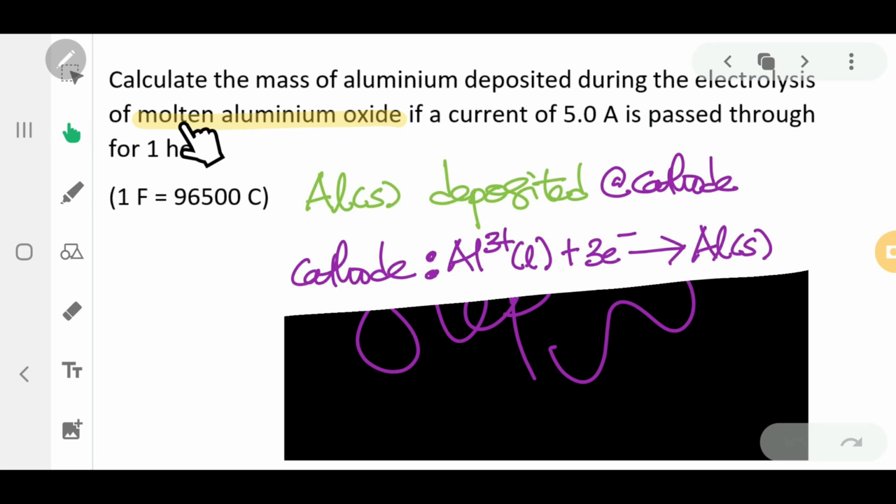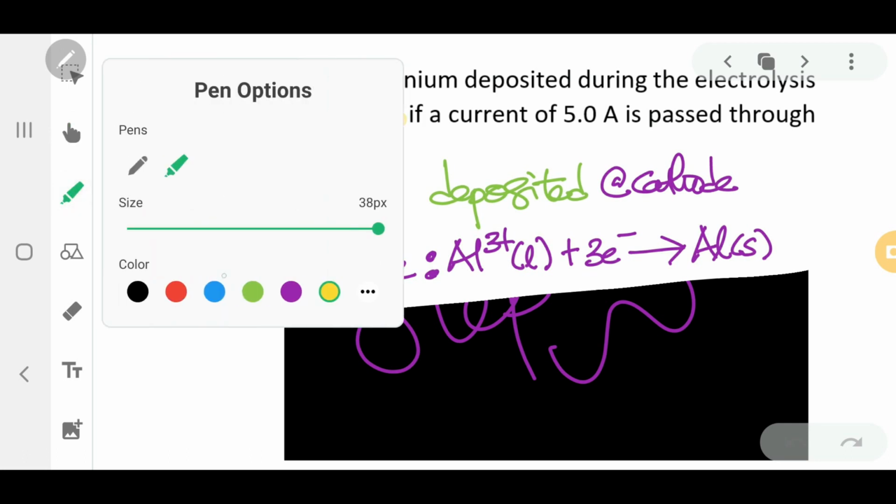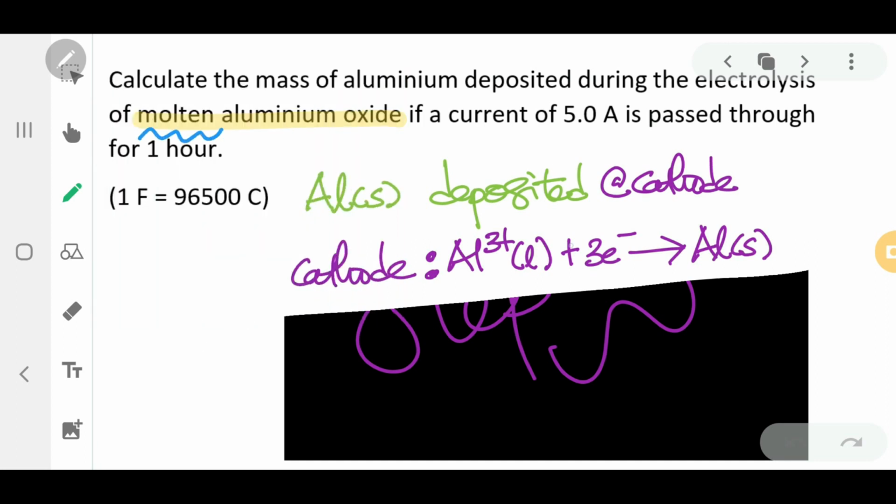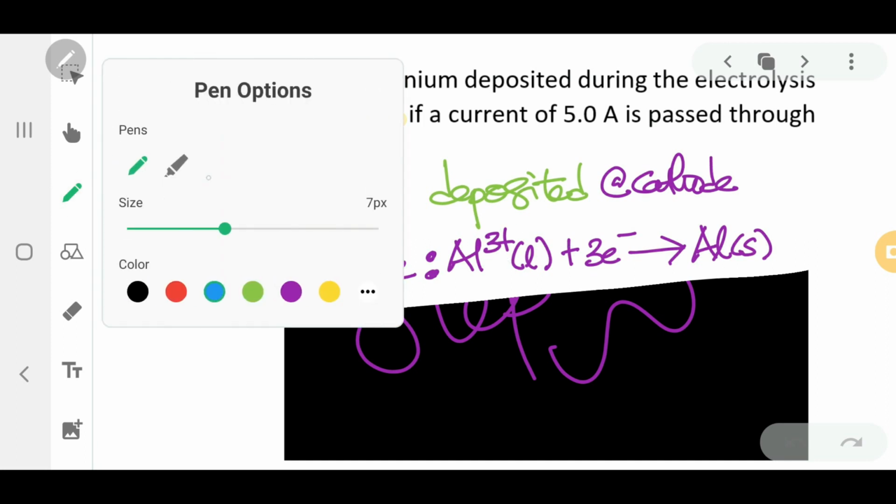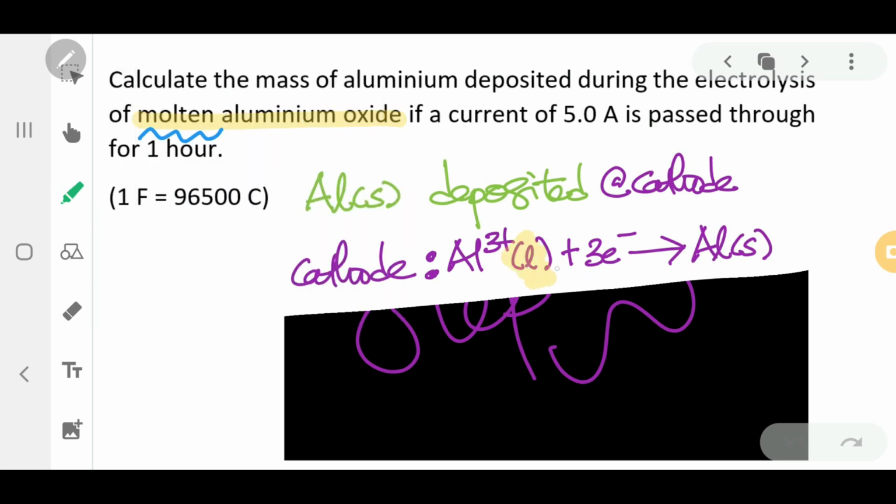When you have the word molten, your aluminium 3+ will be in liquid form. So aluminium 3+ plus 3 moles of electrons gets reduced. This is a reduction process, because reduction is the gaining of electrons at the cathode. So you reduce that into aluminium solid.